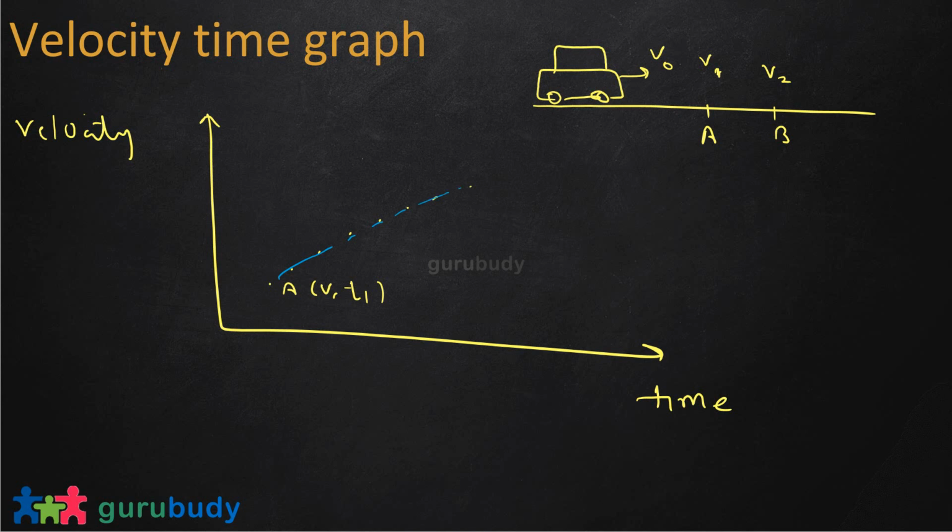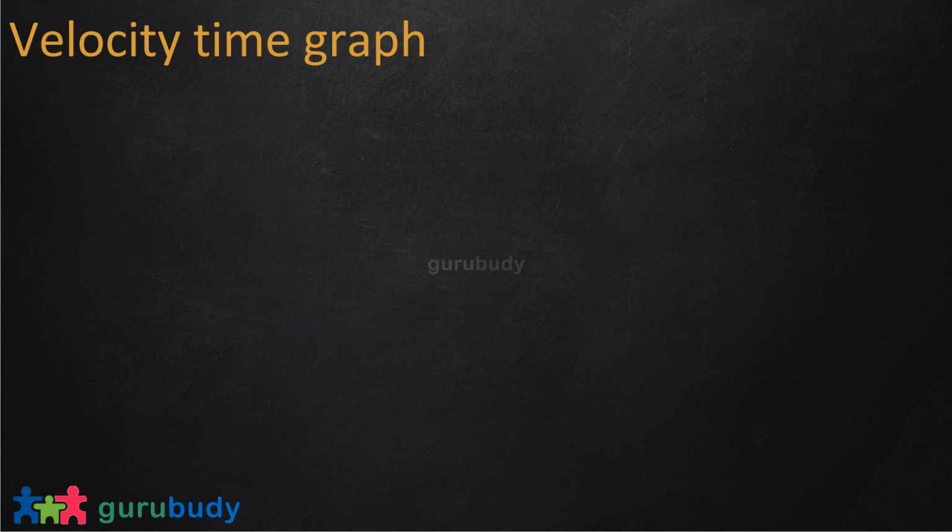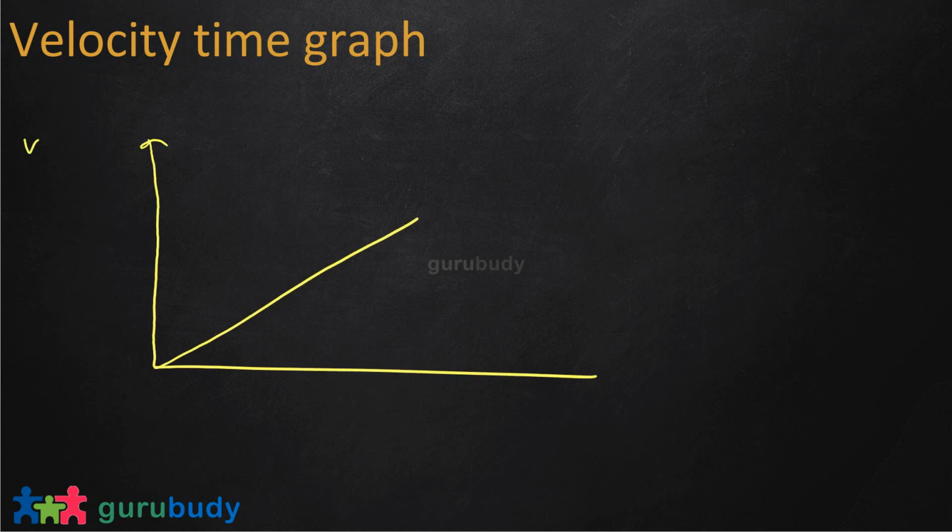Now there are a couple of very important characteristics about the velocity time graph, so let's understand that. The first one is that in a velocity time graph, the slope of the graph gives you the acceleration. Let's say it's a straight line, so this is my velocity and this is my time. If I am looking at the slope of that motion at any point, let's say at point A, the slope of that graph gives me the acceleration.